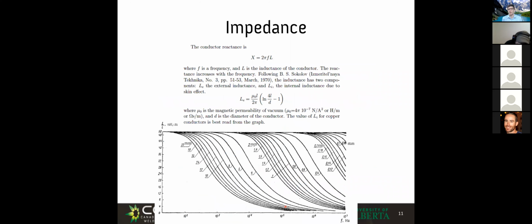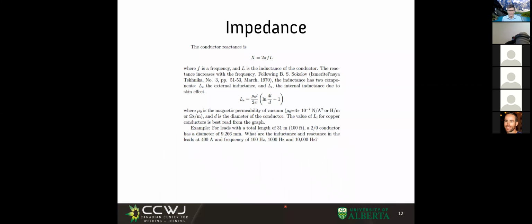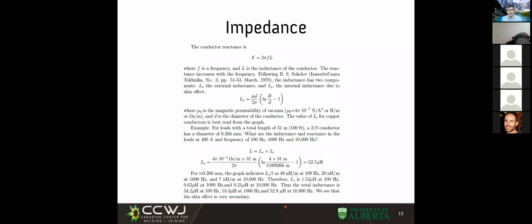All right? And then we talked about the inductance, and we saw that the inductance had two components, one due to external fields and the other one internal fields. Internal fields related to skin effect, and it didn't really matter all that much. But we saw that inductance can play a huge role in blocking high frequencies.